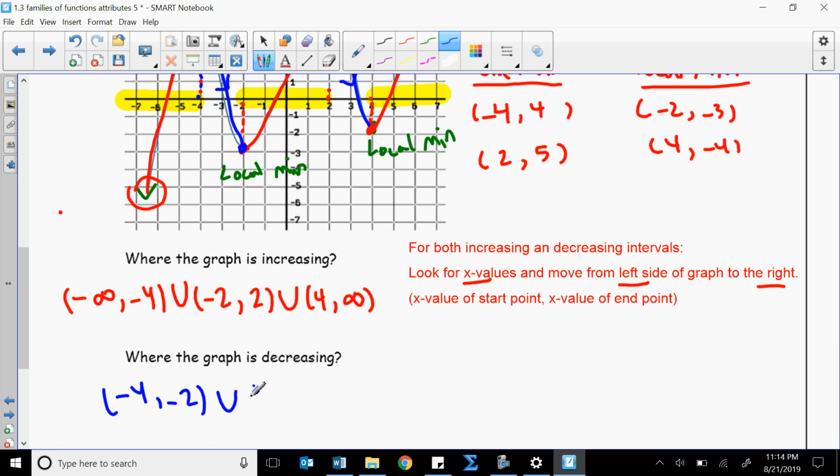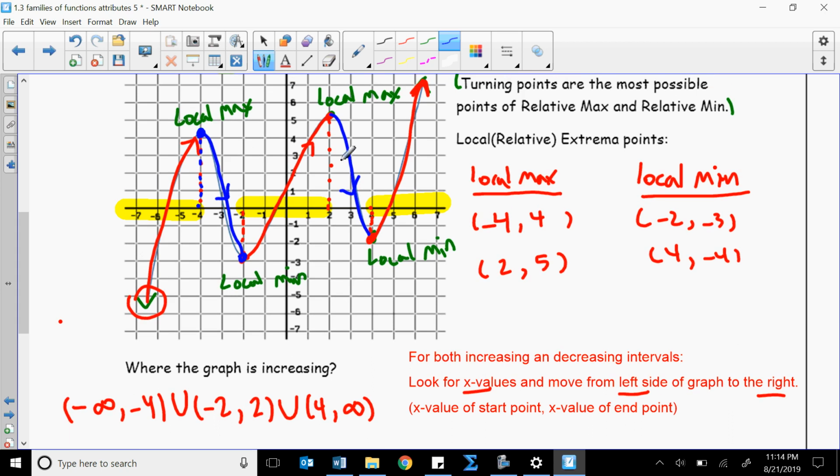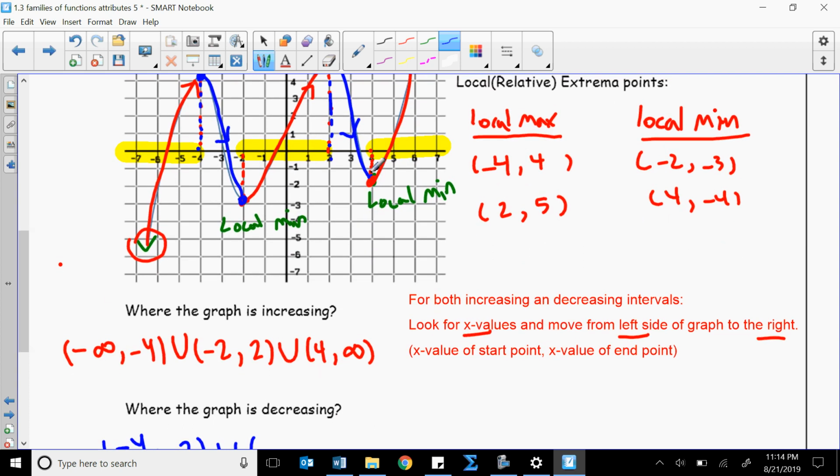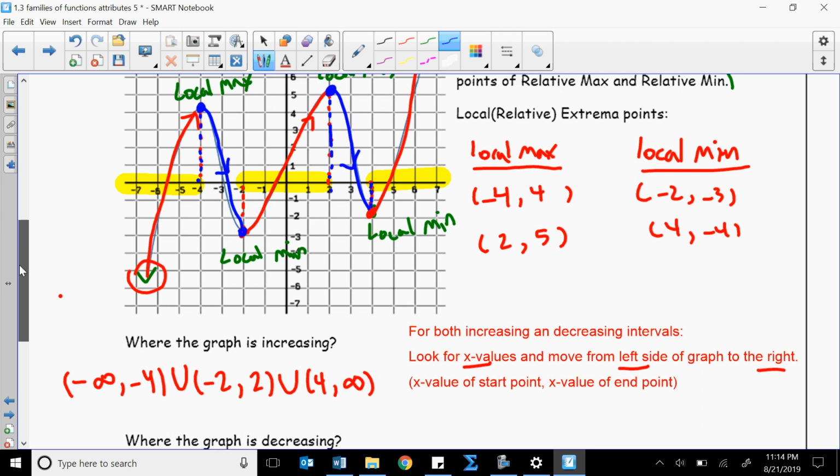Then union, and the second section. The start point is here. The x value of the start point is 2, and the x value of the end point is 4. So I'm going to write from 2 to 4. These are my decreasing areas.